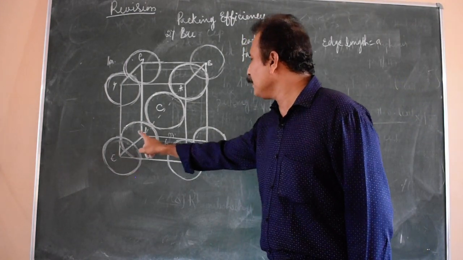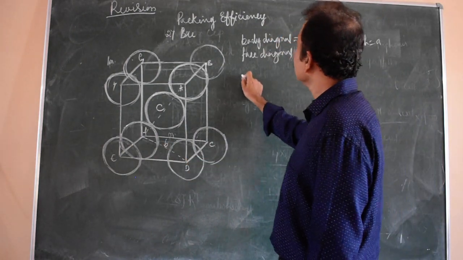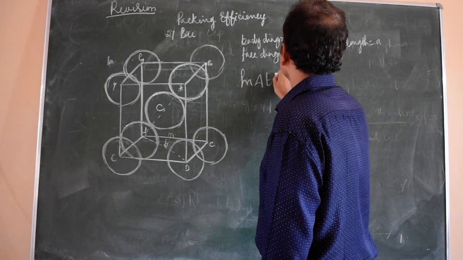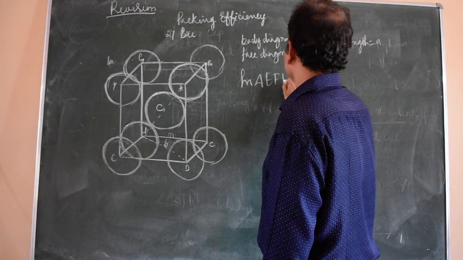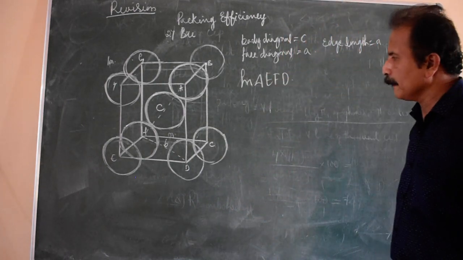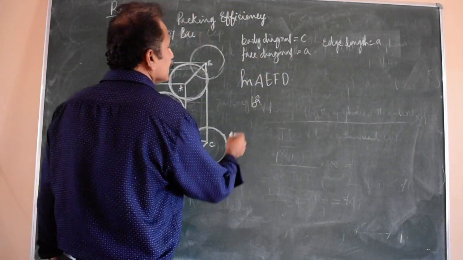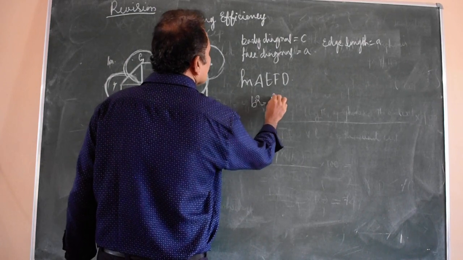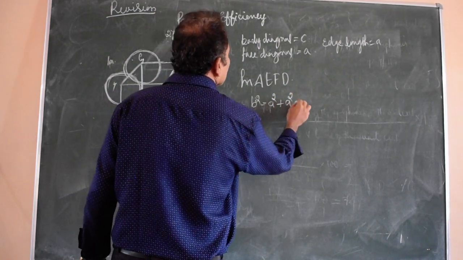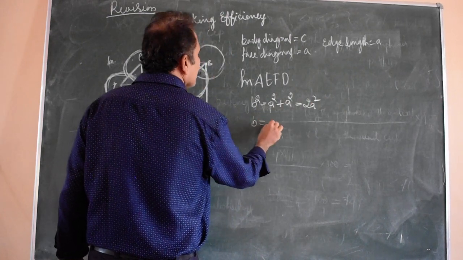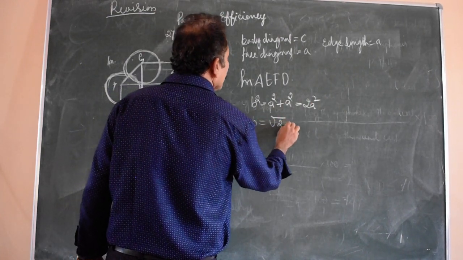In triangle EFD, okay, B square is the face diagonal. It is nothing but A square plus A square, that is equal to 2A square, or B is equal to root 2 into A.